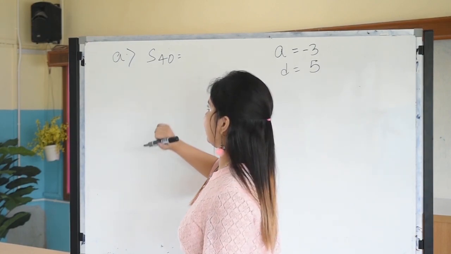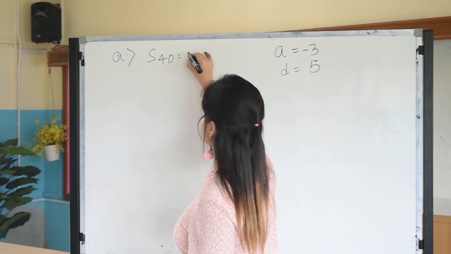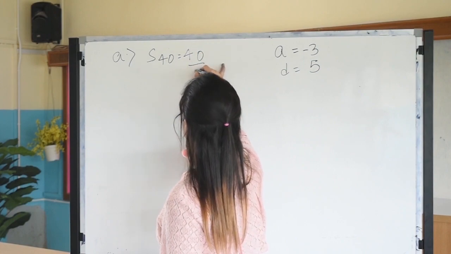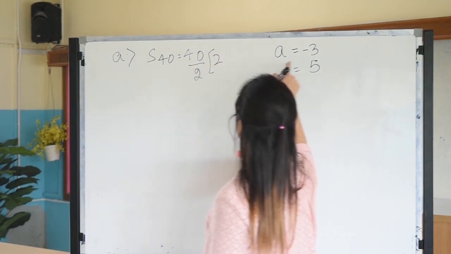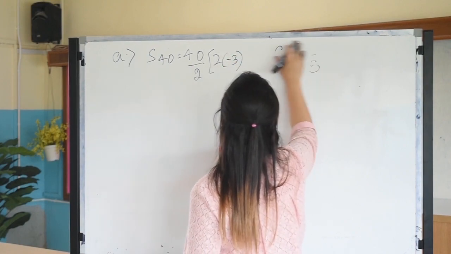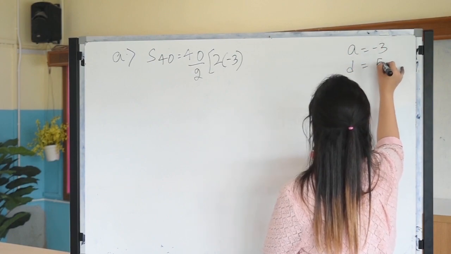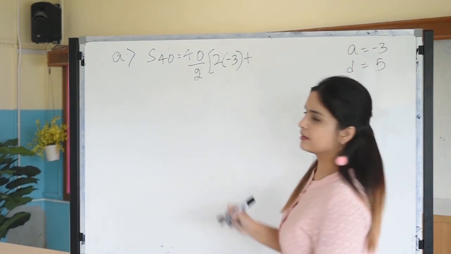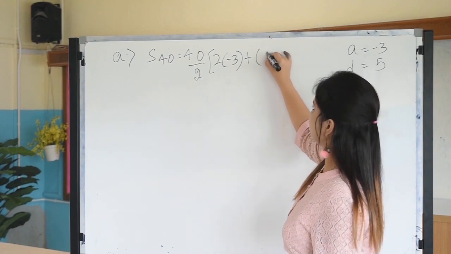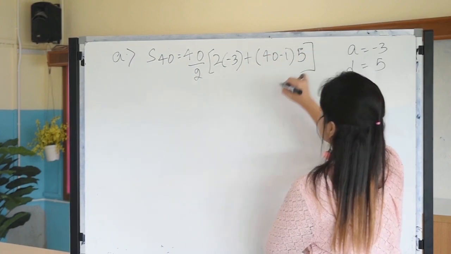Now my question part A was finding the value of S40. So just substitute the values. n over 2 times 2a, a is minus 3, plus n minus 1 times d.